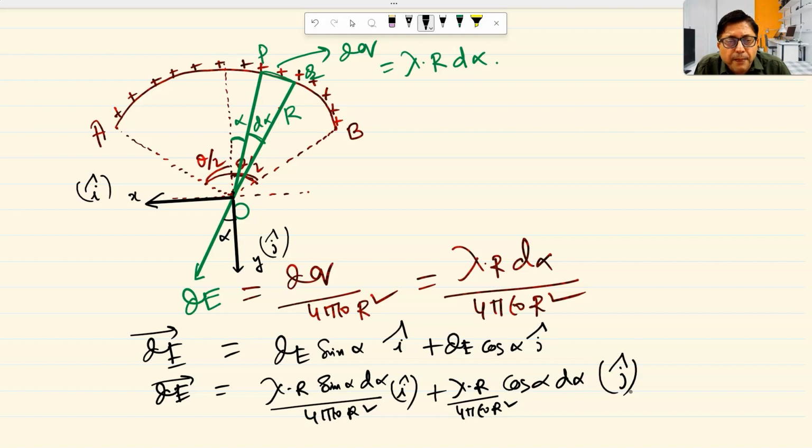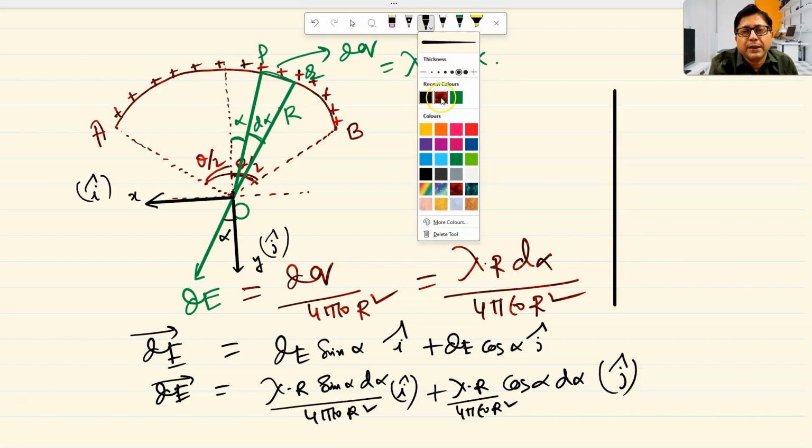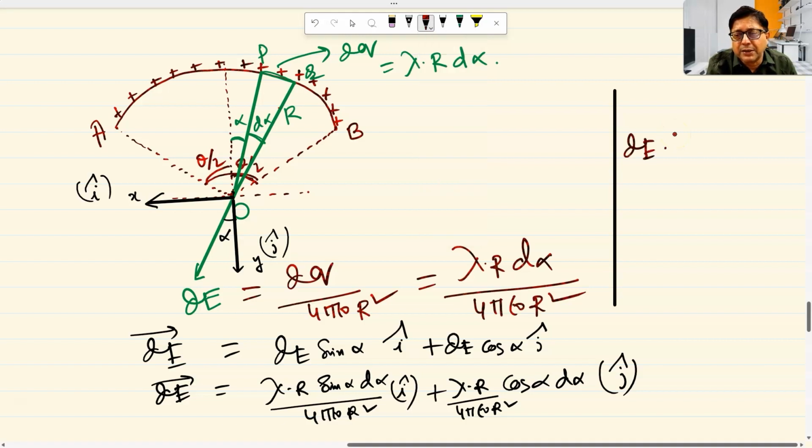We have to cover the whole arc, where we have started from here. So limit of integration you have to decide. Now dE will be what? One r gets cancelled. So lambda by 4 pi epsilon 0 r common.